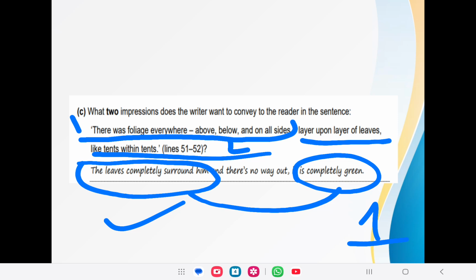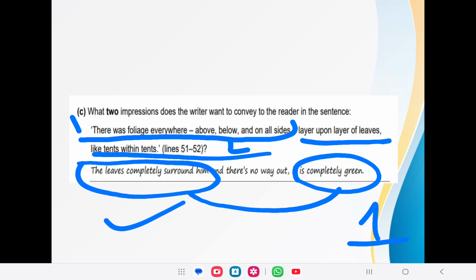It is a kind of complex place where leaves are creating layers that make it really impossible for a person to get out. So just there's no way out is not conveying the complete meaning. If you write because the place is complex, it is like a maze.